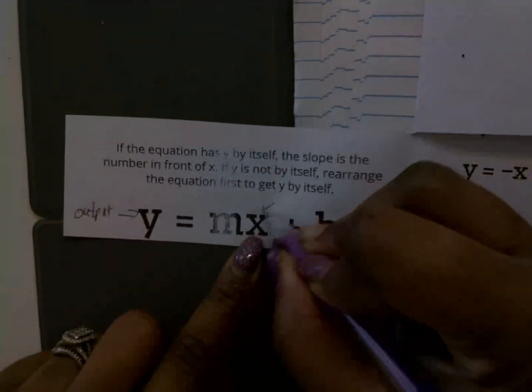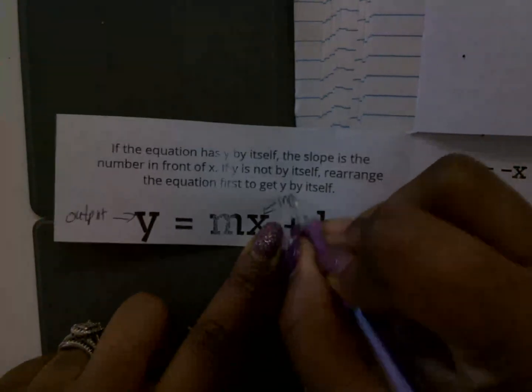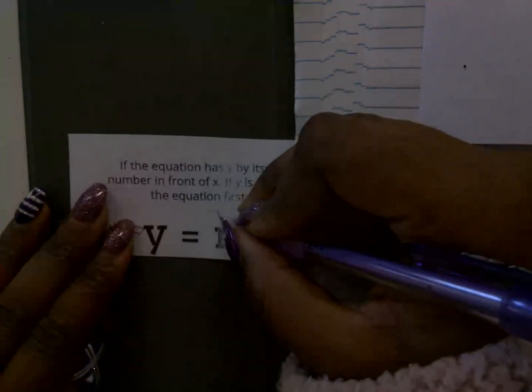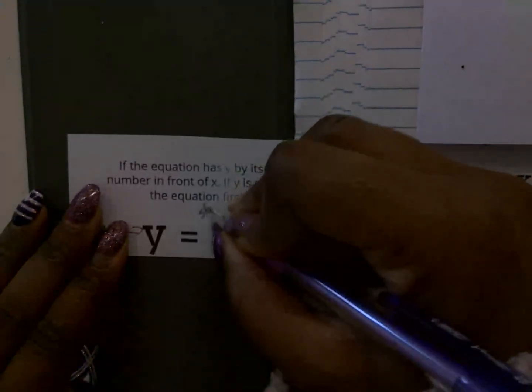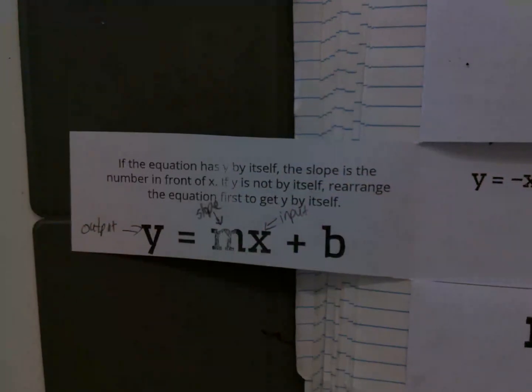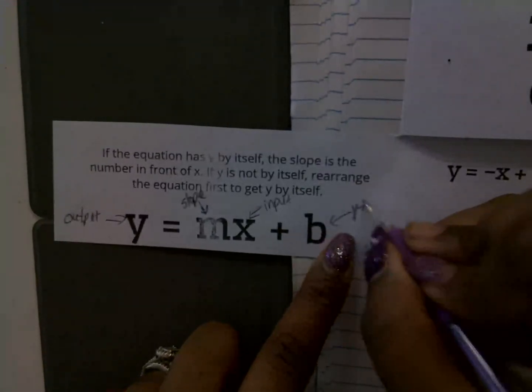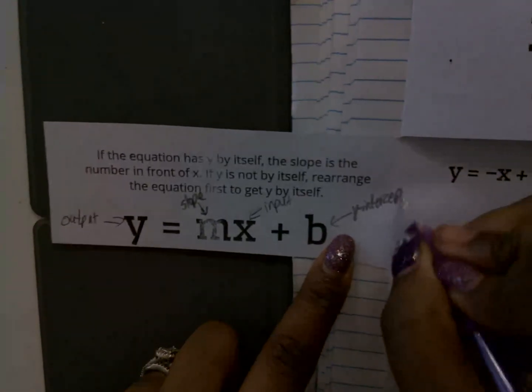Your input values is your x. Please write. The m represents the slope or the rate, and the b represents the starting amount or y-intercept, where the line crosses the y-axis.